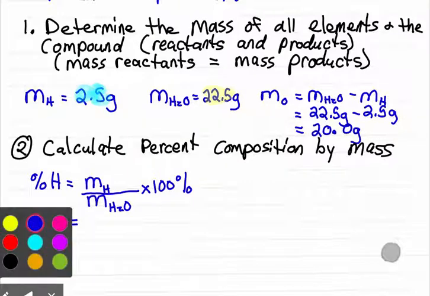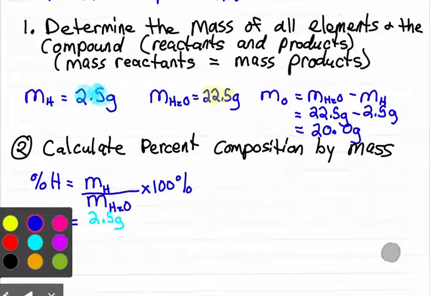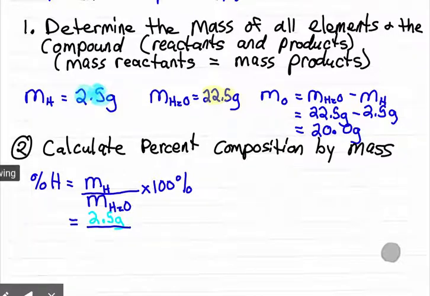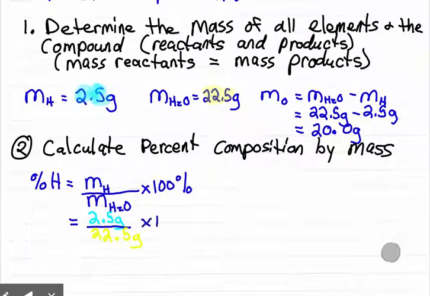The mass of hydrogen is in the givens, and it's 2.5 grams. And our mass of water was in the givens at 22.5 grams. And then we finish off with the rest of our formula, times 100%. So we punch this into our calculator, we do the math, and we get 11.1%. And you're checking your significant digits.